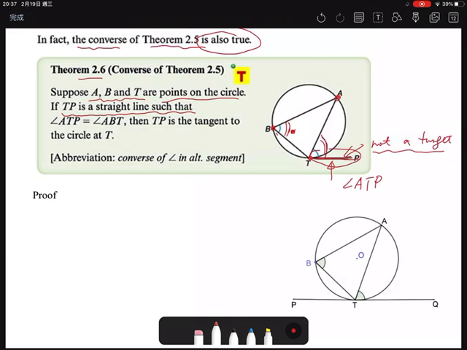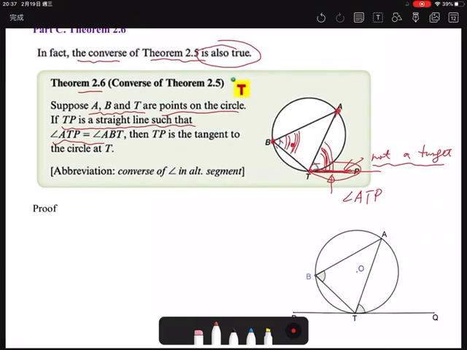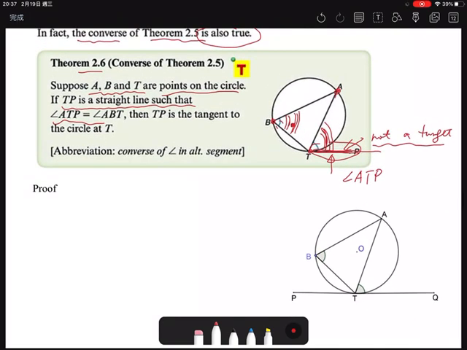So actually we don't know what kind of angle it should be. But this straight line TP satisfies a condition that this angle equals angle ABT. So if it satisfies this condition, then by using this theorem, we can know that TP is a tangent.